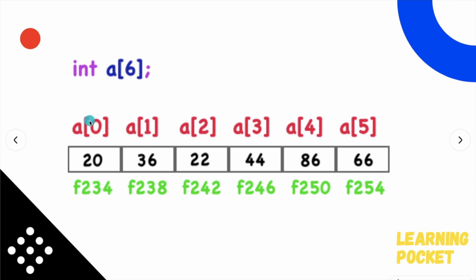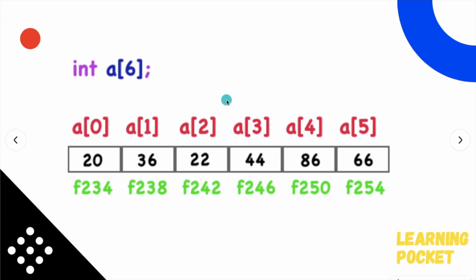Because the indices start from 0, but while specifying the size, we count from 1. You can see there are 6 memory blocks, 1 2 3 4 5 6, though the maximum index value is 5. And to access a particular element, we need to specify the respective index inside the square brackets.